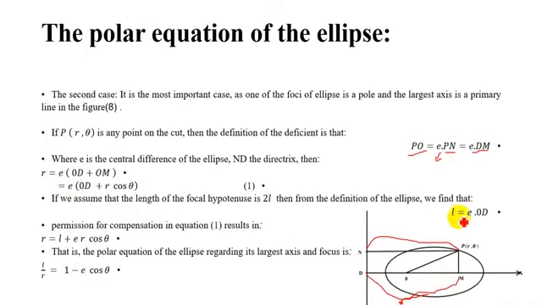To get OD, we will get it from the chord, and then r will be equal to l plus e r cosine theta. If you want to get the polar function, we will take r outside, it will be r equals l over 1 minus e cosine theta, and that will be the end of our lecture.